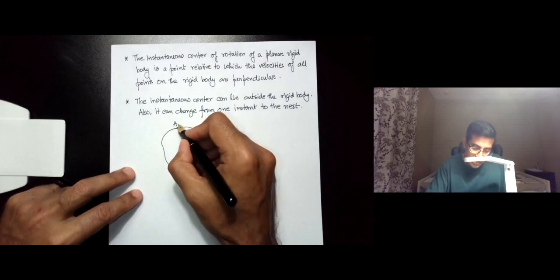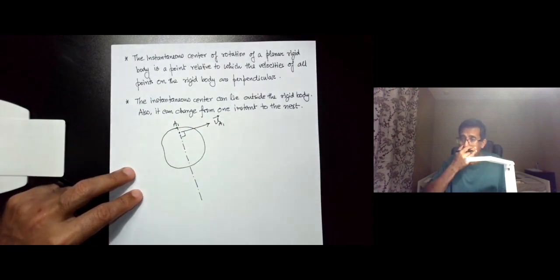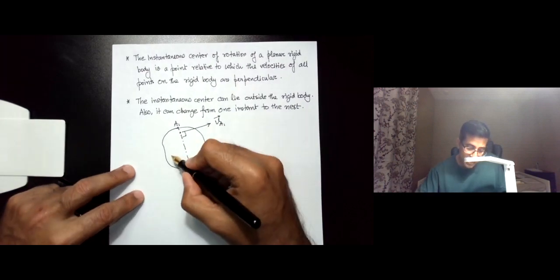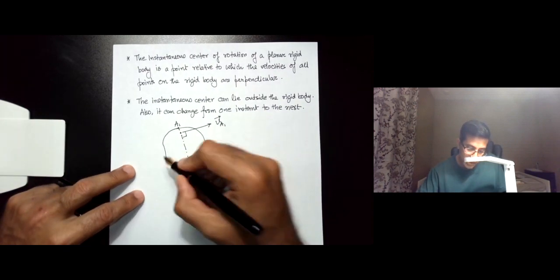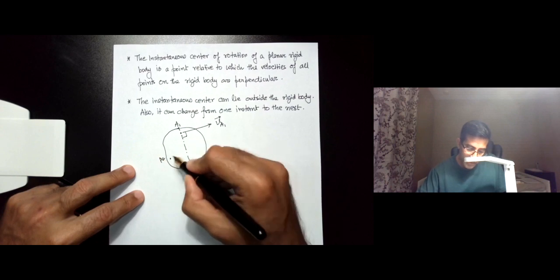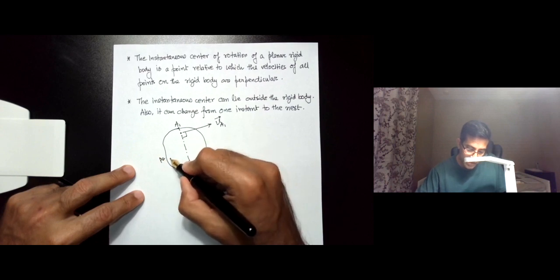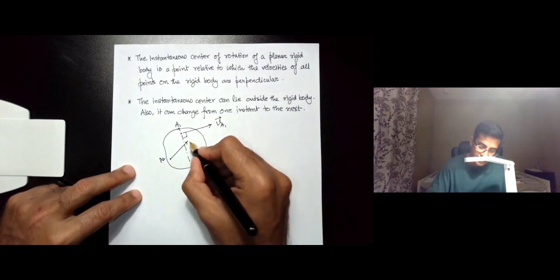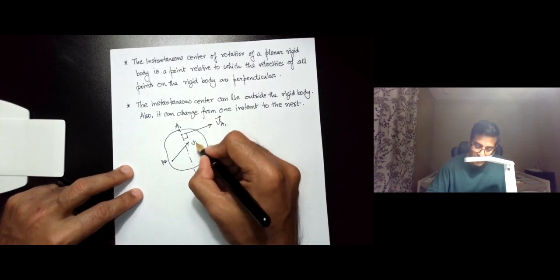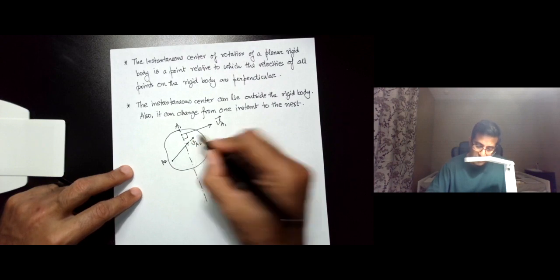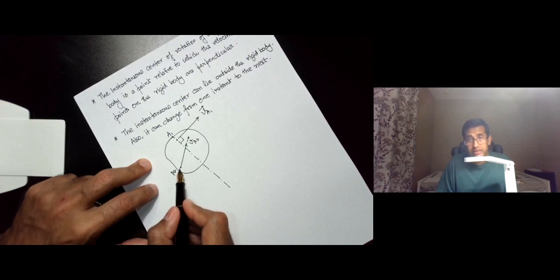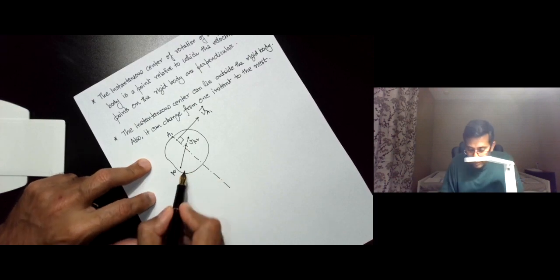Alright, so in fact let's call this A1 and this is VA1. Now let's say that there is another point here, and we call this A2, and it has a velocity like this, VA2, and the point A2 is on the same rigid body as A1.